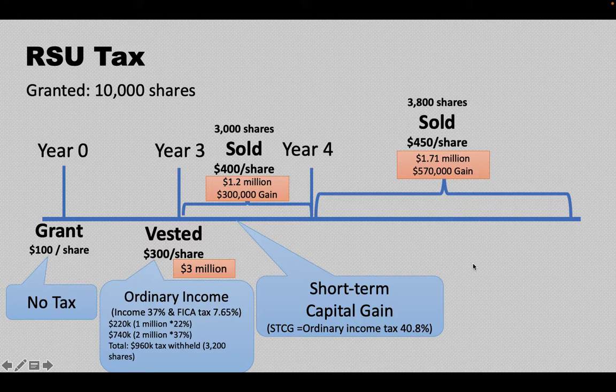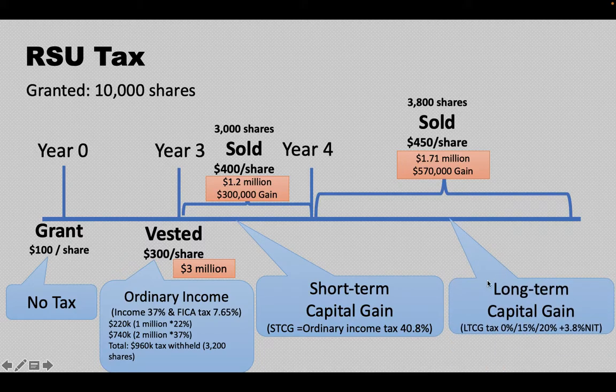This capital gain is a long-term capital gain because Adam held for more than 1 year. Long-term capital gain is taxed at a relatively lower rate: 0%, 15%, 20%, plus the additional 3.8%. The highest bracket is about 23.8% compared to 40.8%, so it's about a 17% saving on those taxes.